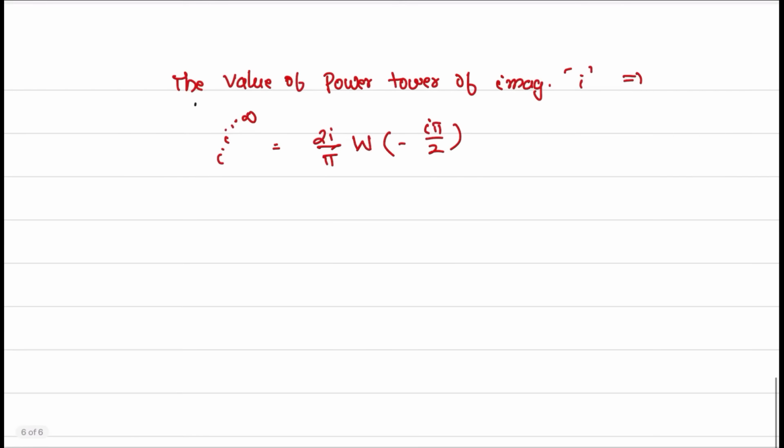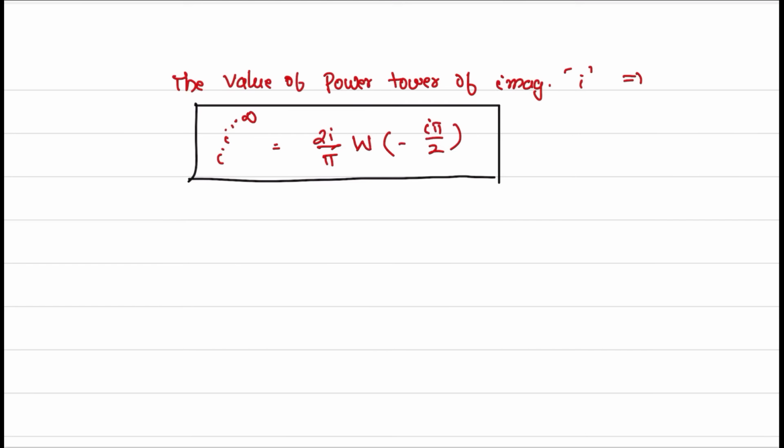This much is sufficient from the examination point of view if W values are not given. If W values are given, then we can find this value as 0.4383 plus 0.3606 i.